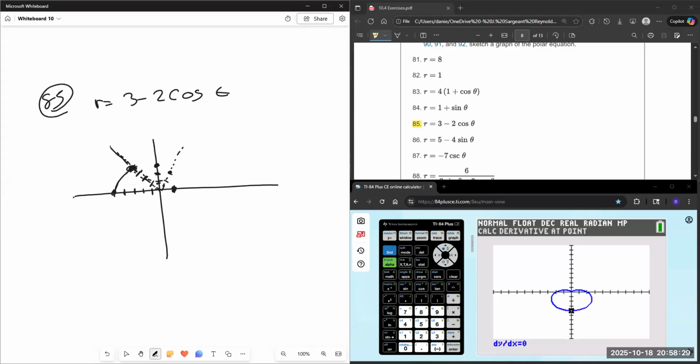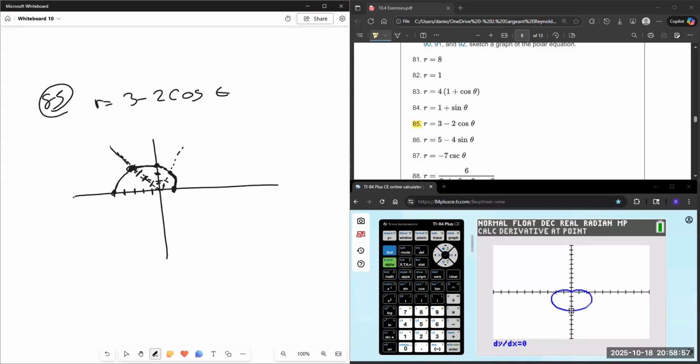So I should get a shape that looks something like this. I'm going to go out and come back a little bit. It's called a limacon, L-I-M-A-C-O-N, limacon.